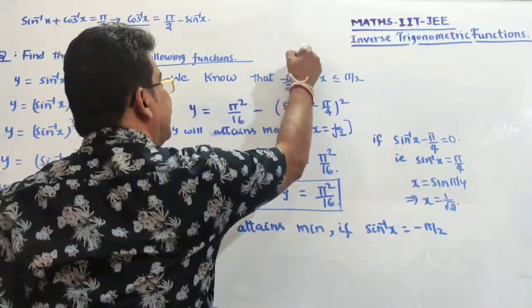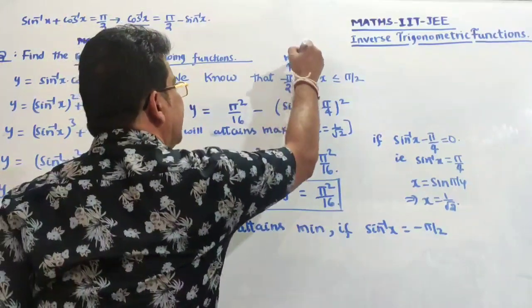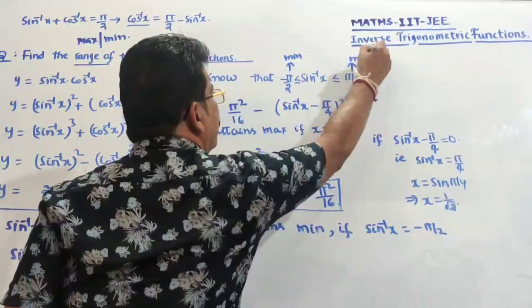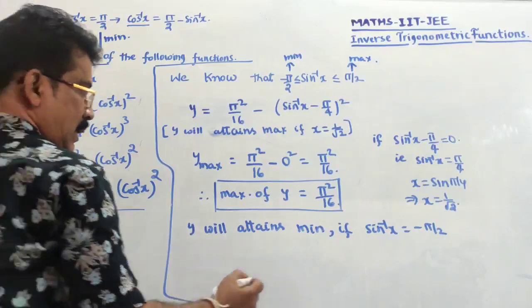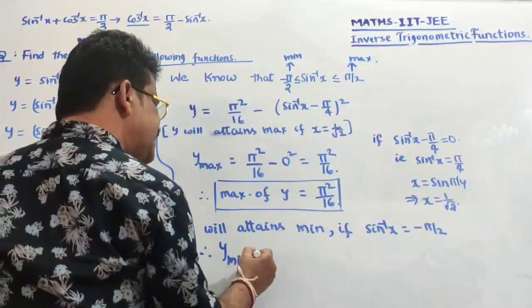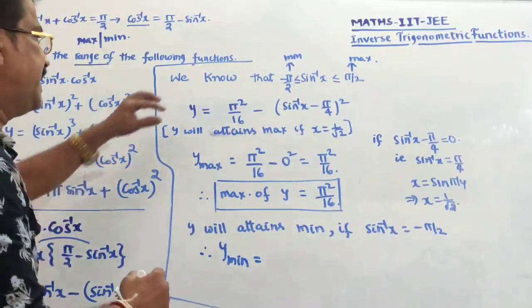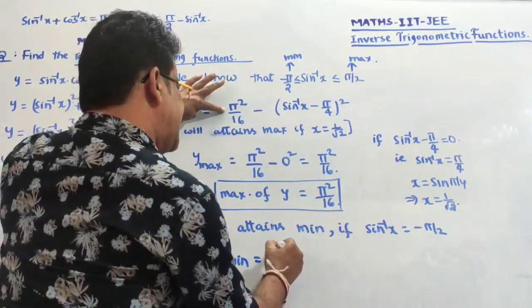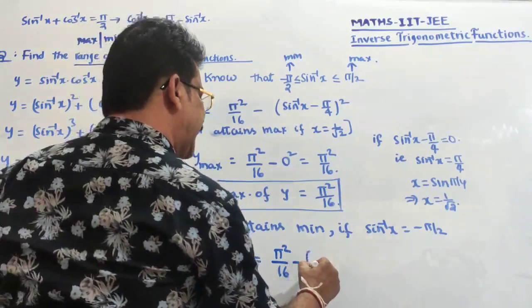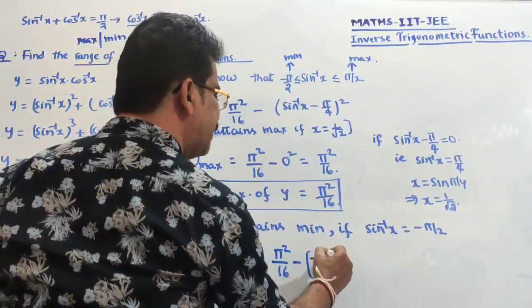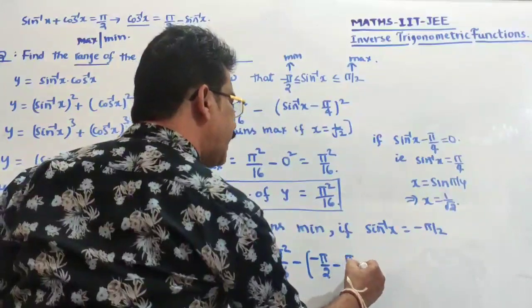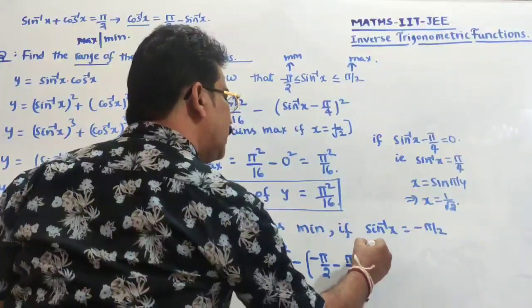Actually this is the minimum of sin inverse x, it will be the maximum of y. So therefore y minimum is equal to pi square by 16 minus (sin inverse of x, means minus pi by 2, minus pi by 4) whole square.